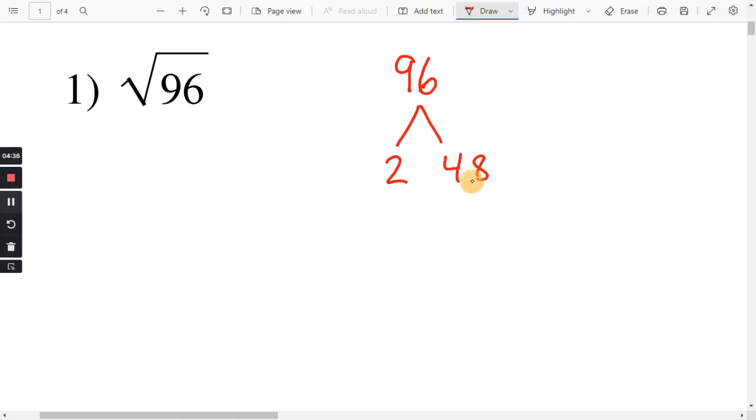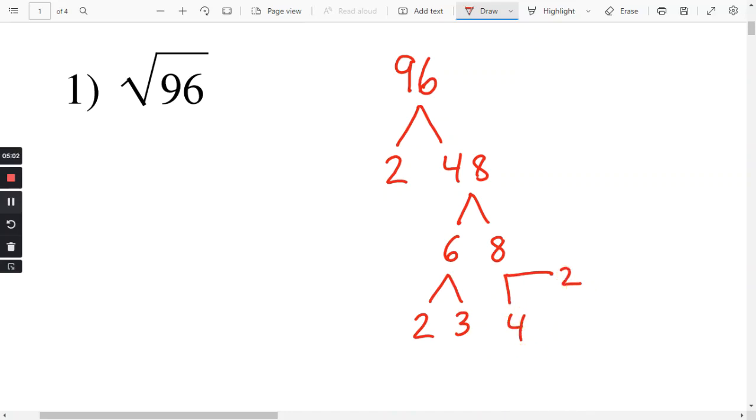So you want to break down the numbers until you get to the primes. We know that 2 is a prime because we can't break up the 2 anymore. It's just going to be 2 times 1. For the 48, we can do 6 times 8. For the 6, we can do 2 times 3. For the 8, we can do 4 times 2.